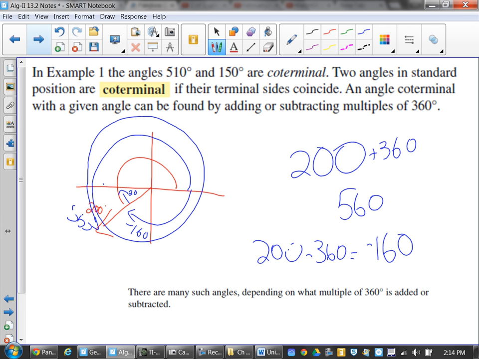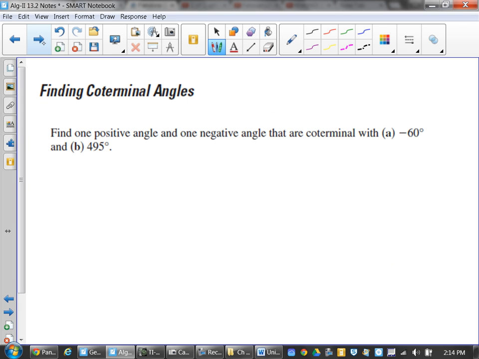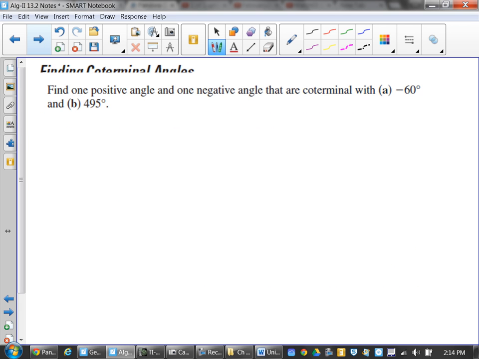Let me show you. If I have a value of, yeah, here we go, 495. We'll do this one first. I have an angle that lies in standard position that is at 495. And I'm going to graph that. I'm going to figure out what quadrant that is, get its reference angle.